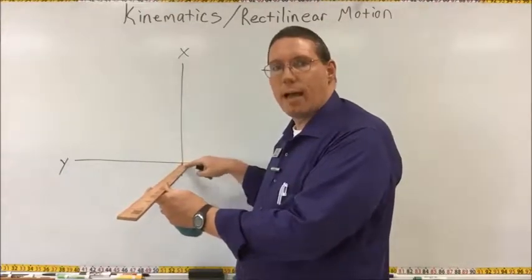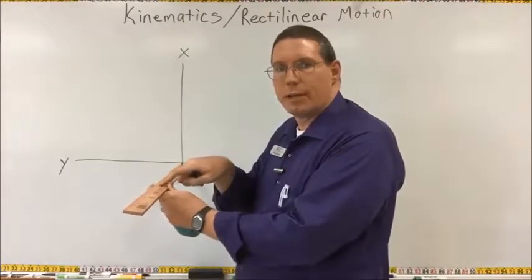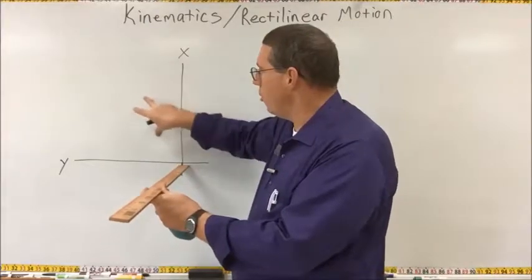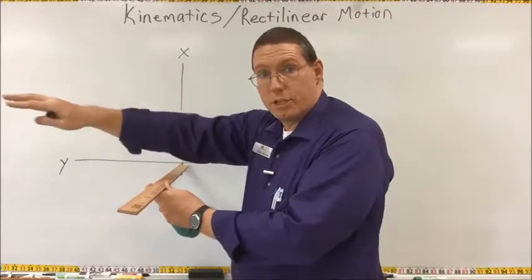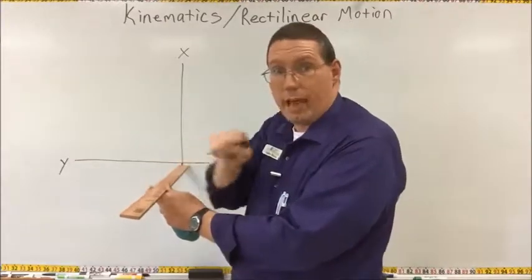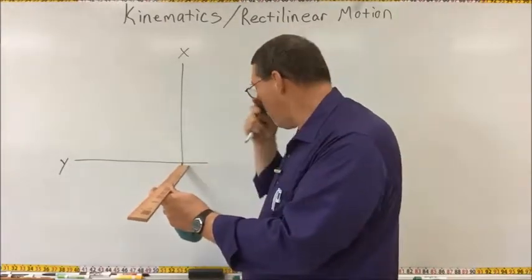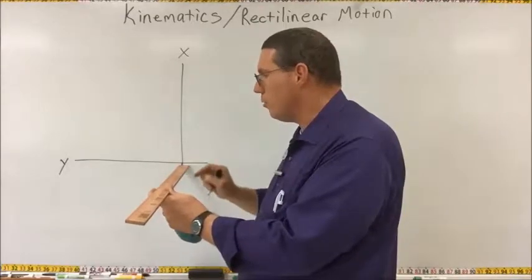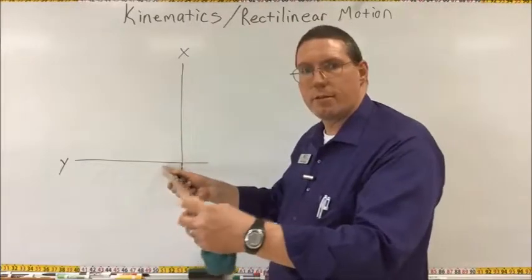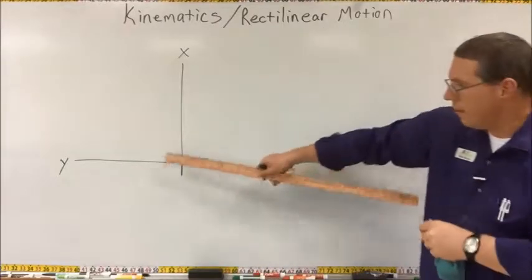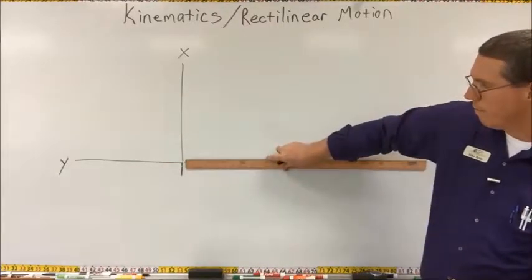So as time passes in a positive direction, the physical location of the object is changing its position as it comes out along the t-axis. Okay? So now what I want to do is model using the t-axis. So I'm going to take the t-axis and turn it this way so that it's right here.